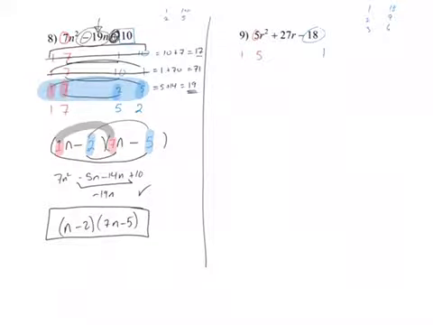So I'm going to say 1 and 18, 18 and 1, 2 and 9, 9 and 2, 3 and 6, 6 and 3. And this is just going to stay the same, 1, 5 each time. My 5 keeps getting uglier and uglier.